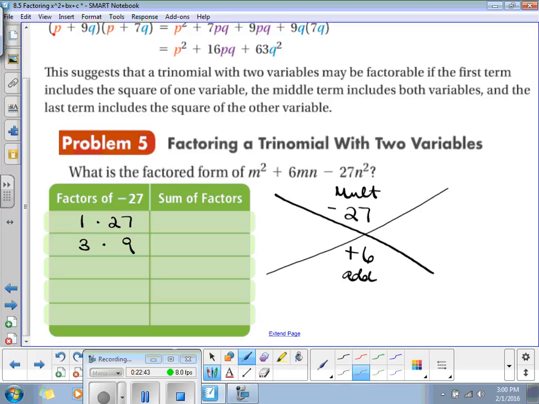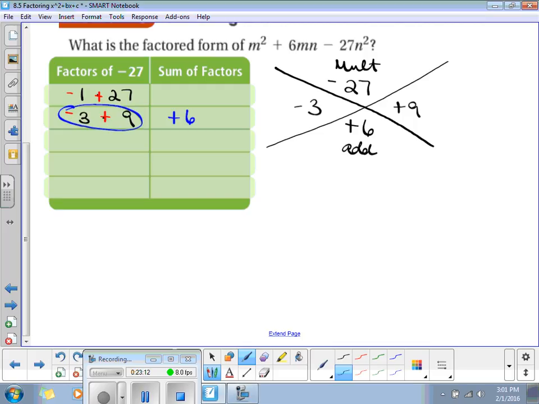So, when we change this to add, the bigger one has to be positive, and the smaller one has to be negative. So knowing that, which ones are going to give me my binomials? Very good. Negative 3 and 9. That's what's going to give me a positive 6 here. So we've got negative 3 here, positive 9 there, and now we can write our binomials.